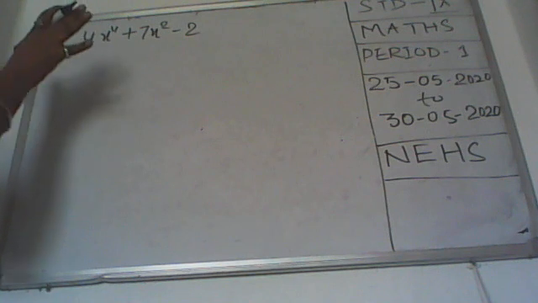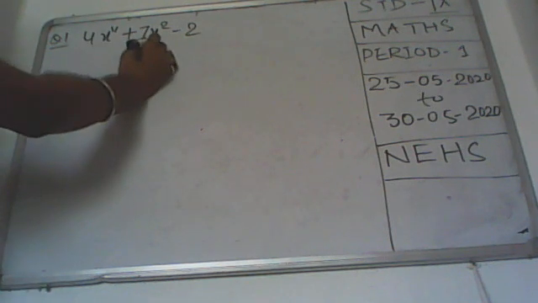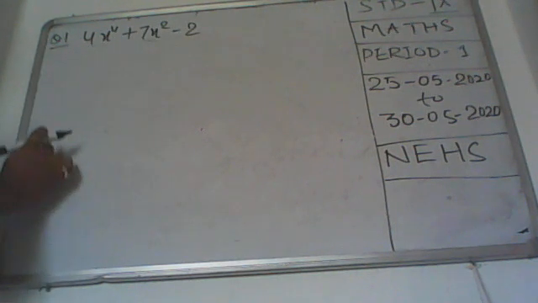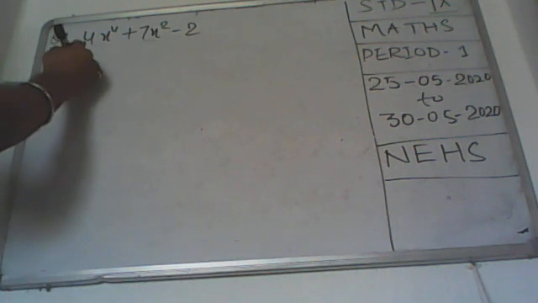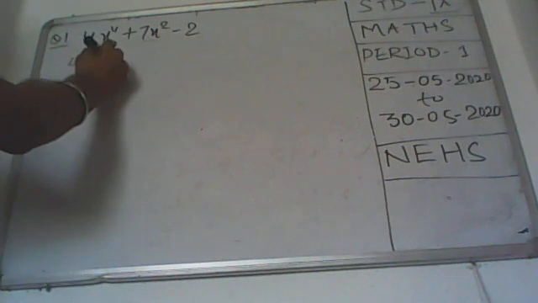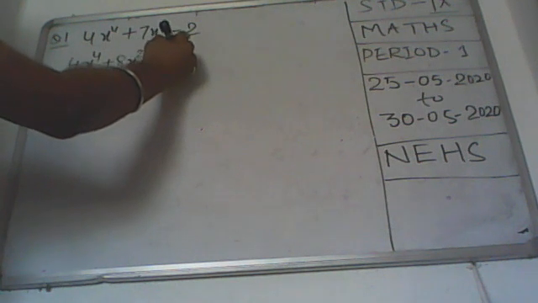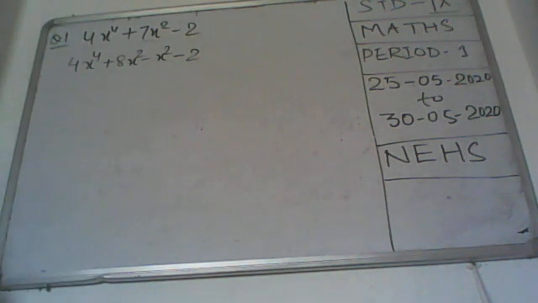Now see what we have to do actually. 4x to the power 4 plus 7x square minus 2. Now this can be written as 4x to the power 4 plus 8x square minus x square minus 2. Why I have done this?